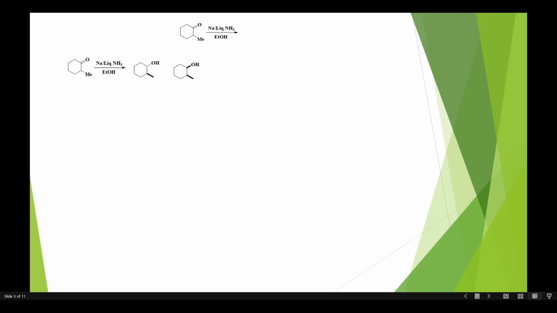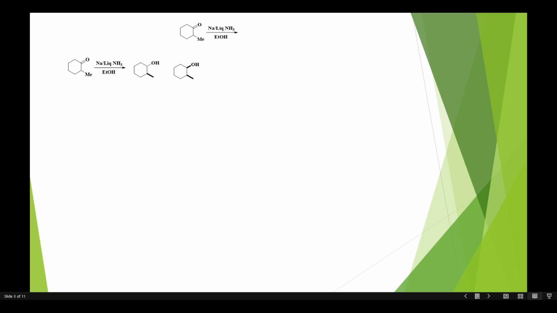From the chair conformation you can say which one will be the major product. Whatever you are saying is the correct answer, that you will get the trans product.